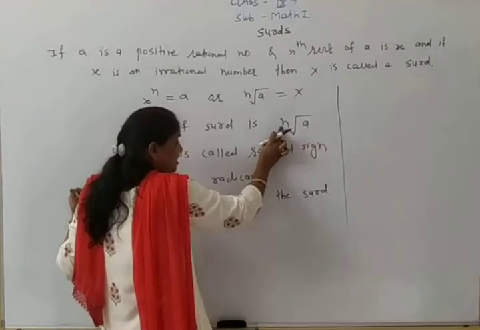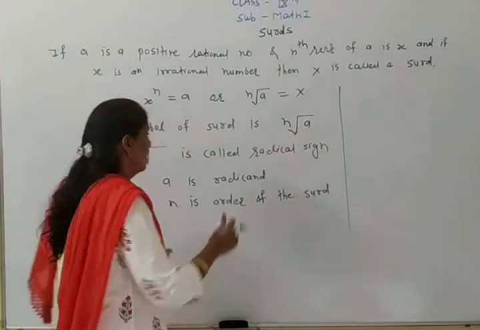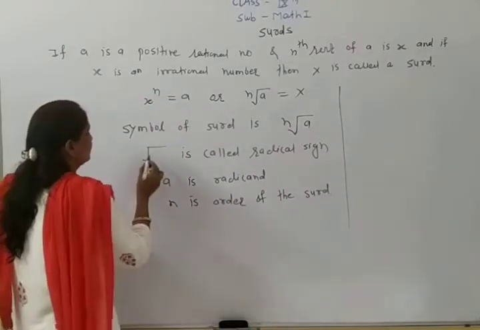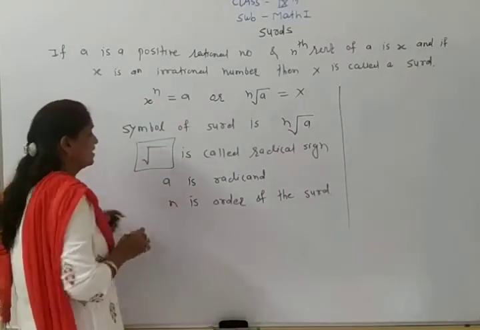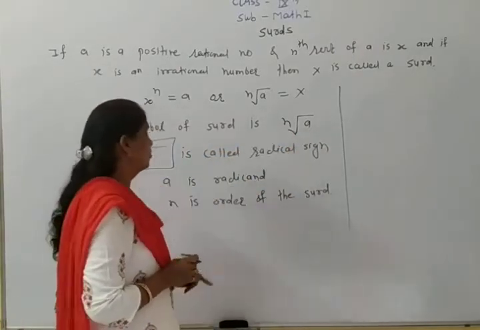So this n is called the order of the surd, this a is called the radicand, and this sign is called the radical sign.